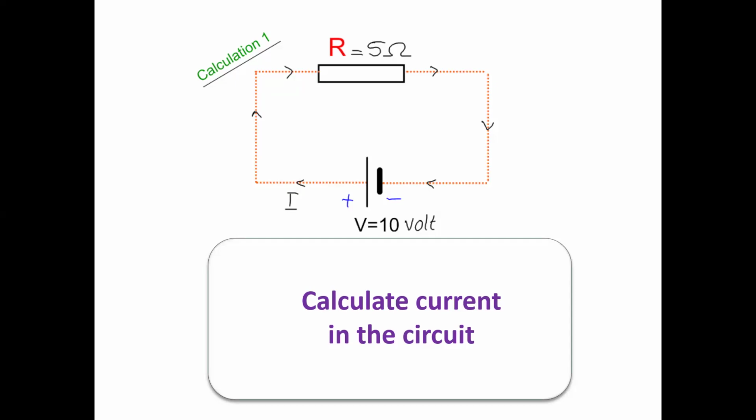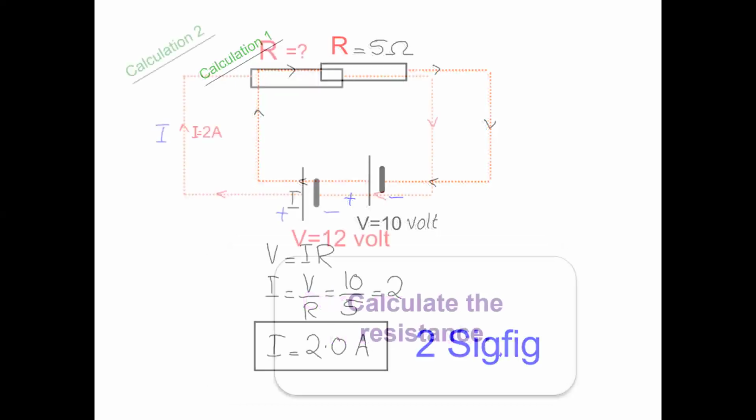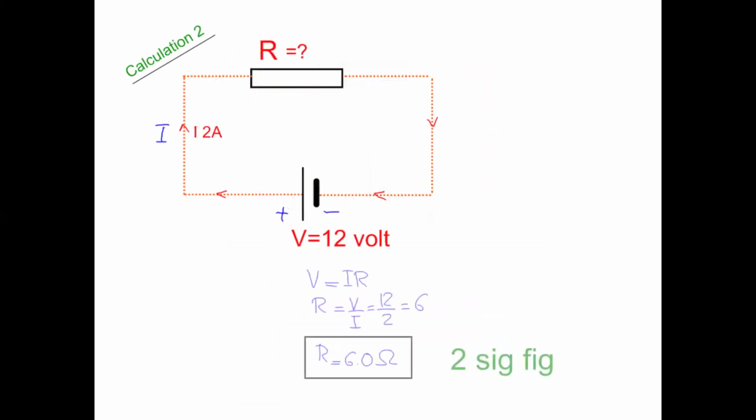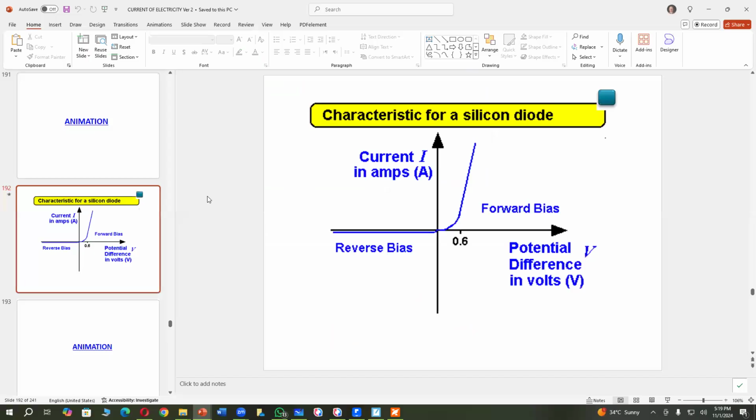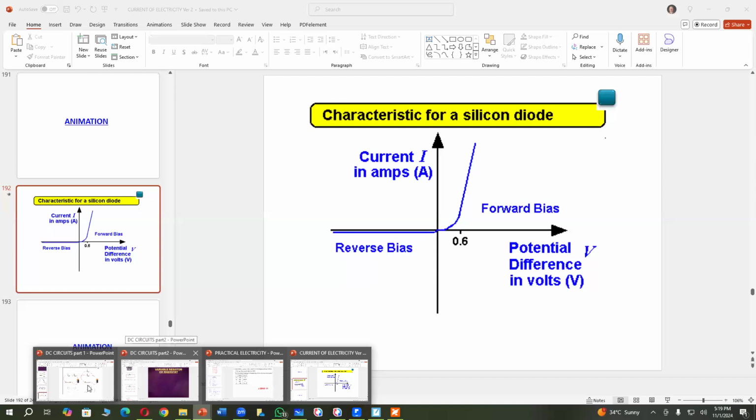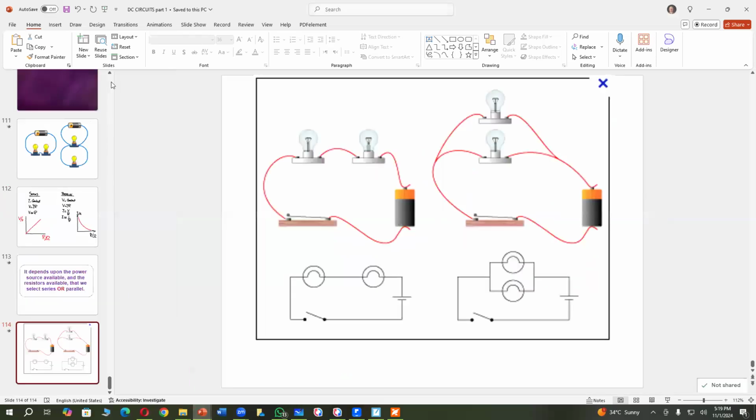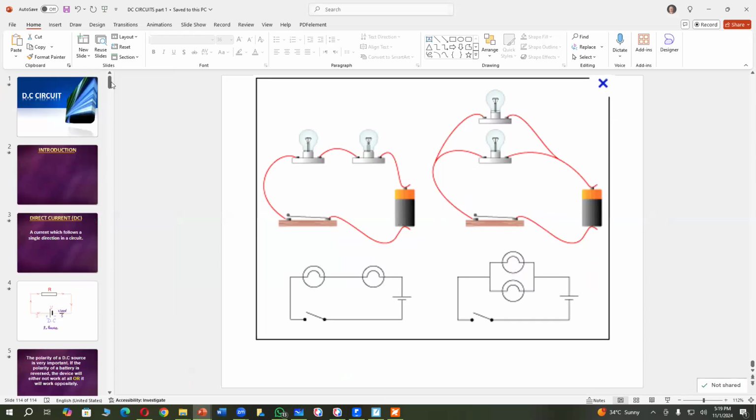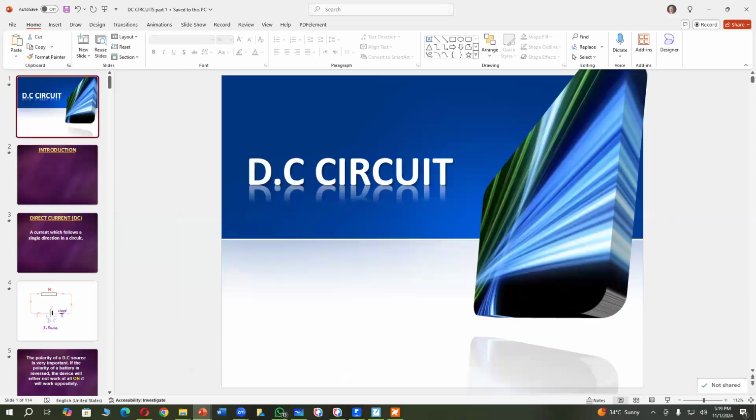I got the answer. Okay. So now this is a basic calculation. And now we move forward to our next concept: in electric circuits, we always have power sources like AC and DC.